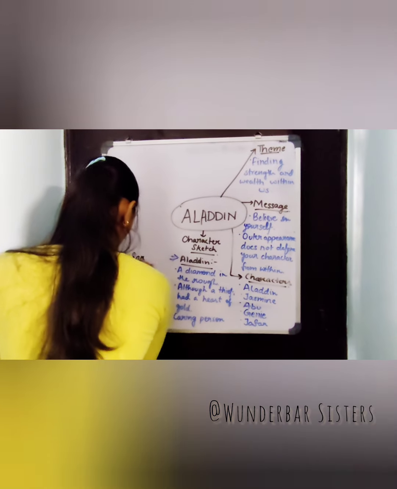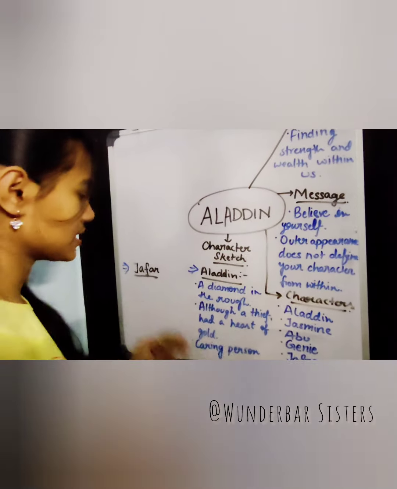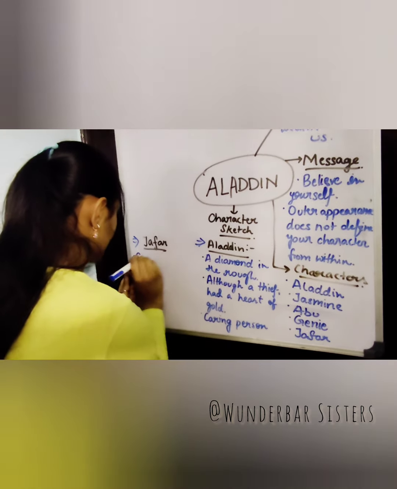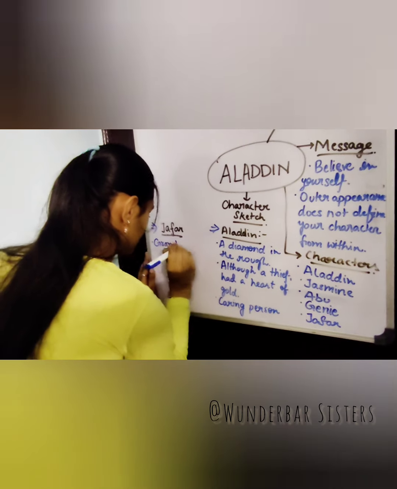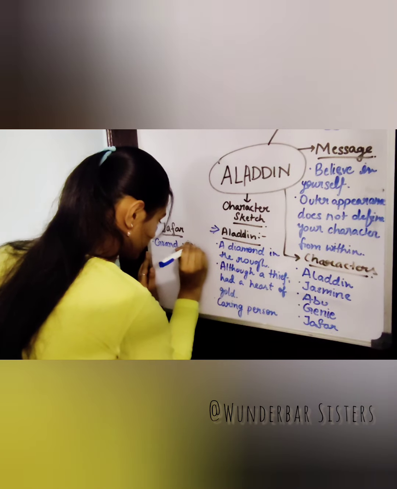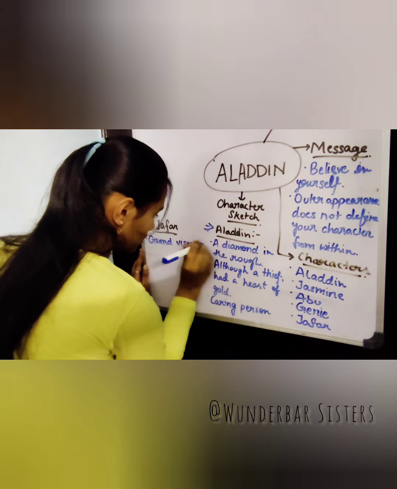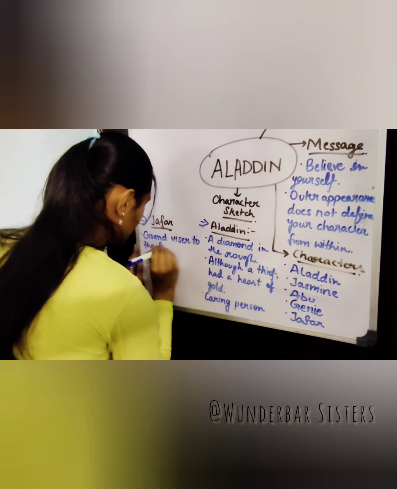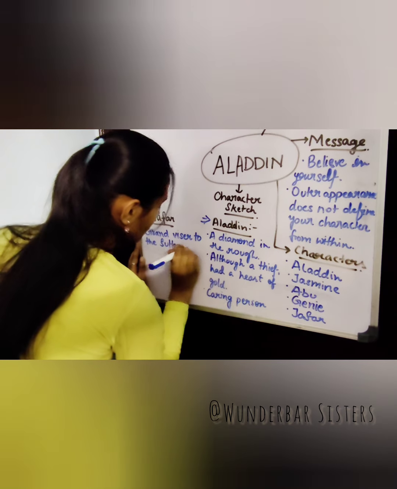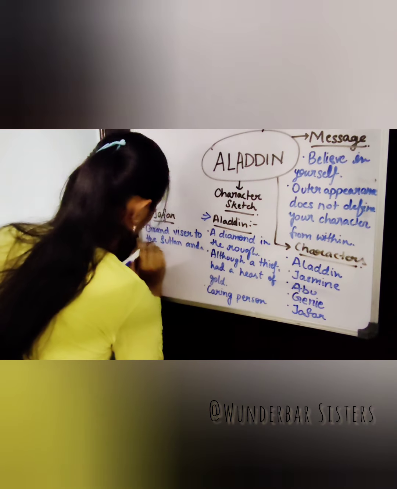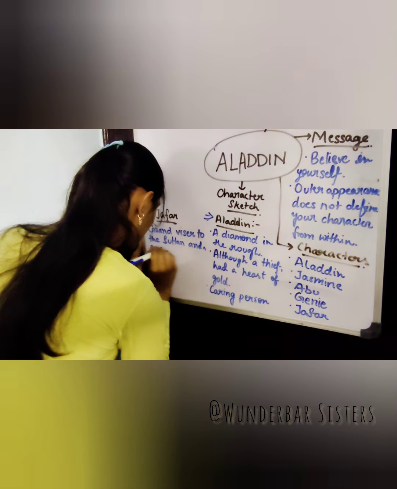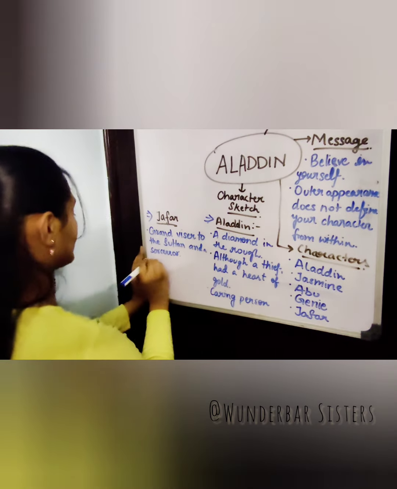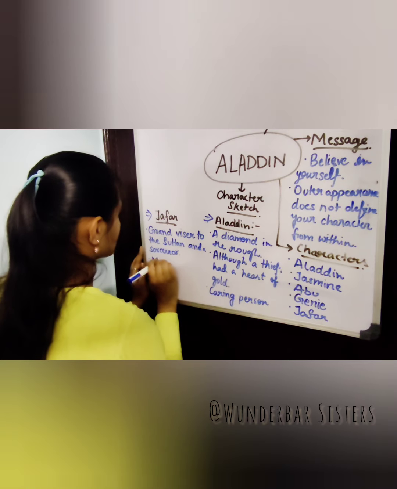So for Jafar, we'll first write who he was. He was the Grand Vizier to the Sultan and the sorcerer. Then he had malicious intentions.